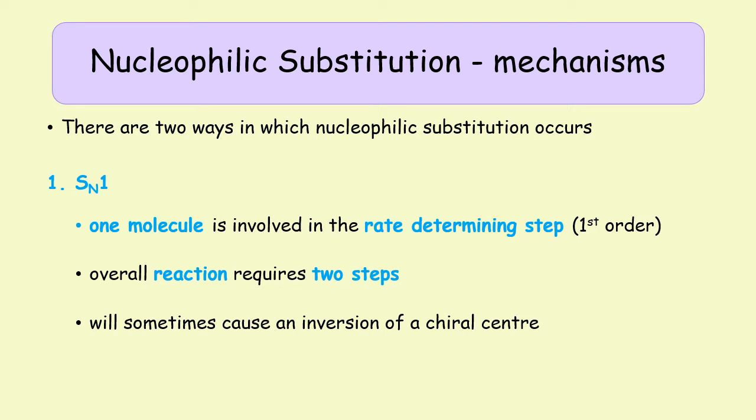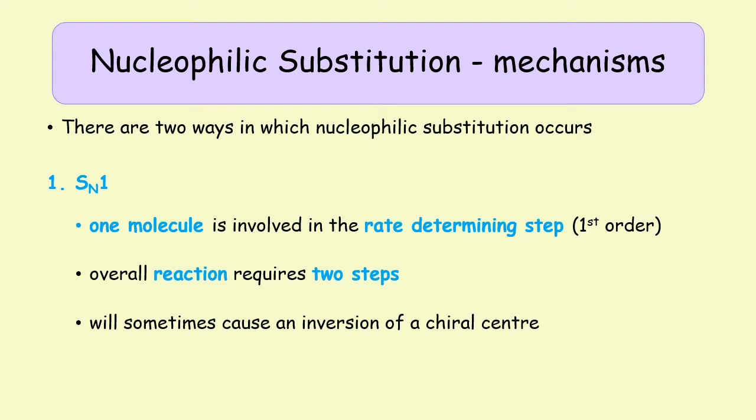Overall, this mechanism requires you to draw two different steps, and unlike SN2, this reaction can, but not always, result in the inversion of a chiral center. And if you have an SN1 reaction happening on a chiral carbon atom, you will always end up with a racemic mixture or a racemate.